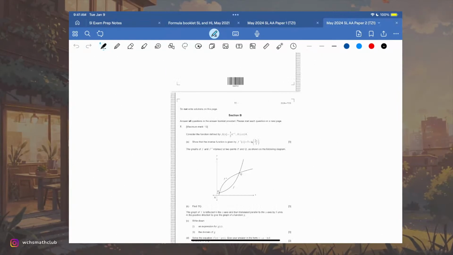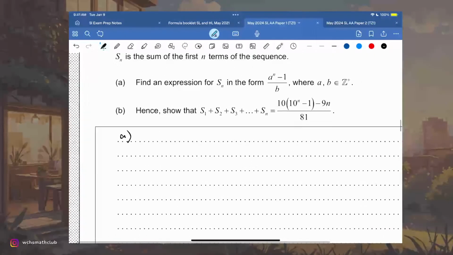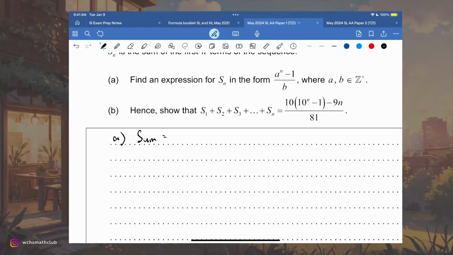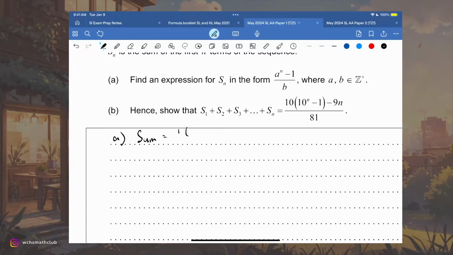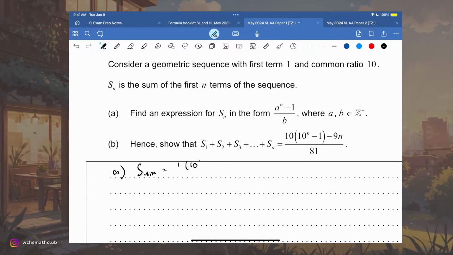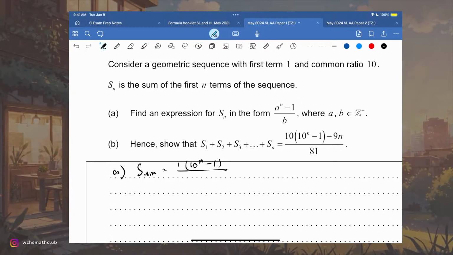So if we go back here, we're going to take the first term, so just write this as sum equals, first term is 1, and then r to the power of n, so our common ratio is 10 to the power of n, minus 1 over the ratio minus 1.